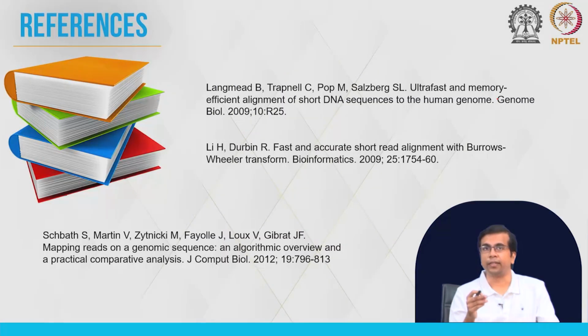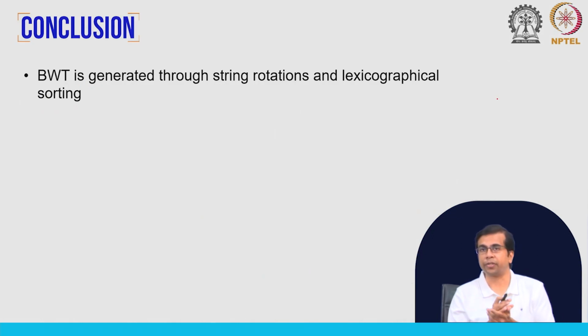These are the references that we have used. So, what we have seen is that we can generate this Burrows-Wheeler transform through string rotations and lexicographical sorting. We have talked about 3 steps, starting from the reference sequence. One is addition of this dollar sign, and dollar is lexicographically smaller than all the letters in the alphabet.